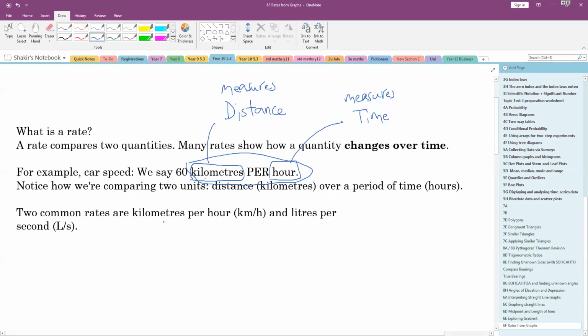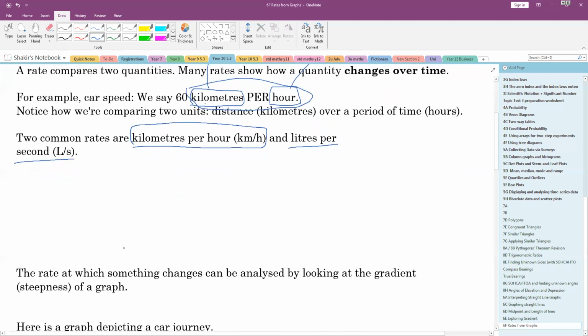Now, it's very common to have kilometers per hour, and you also have liters per second. For example, if you are filling up a big water tank, the water is going in. So how fast is it rising?